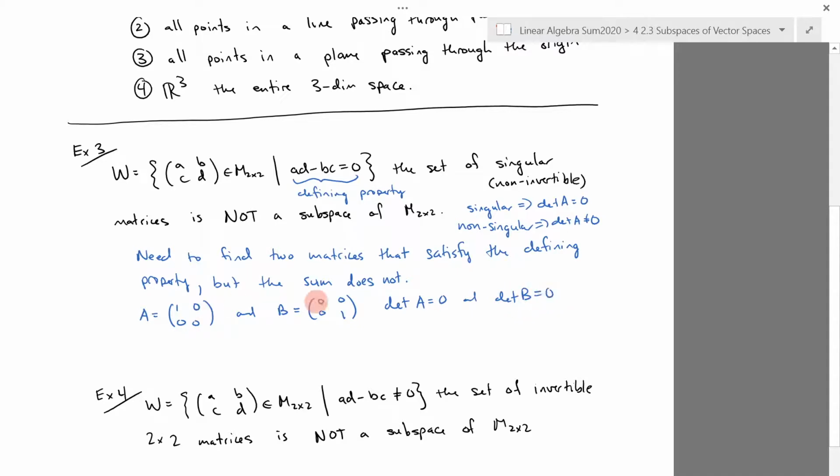Right, so both of these are singular. However, what about A plus B? So A plus B would be this matrix, and the determinant of this matrix is 1. Okay, so condition 1 fails.